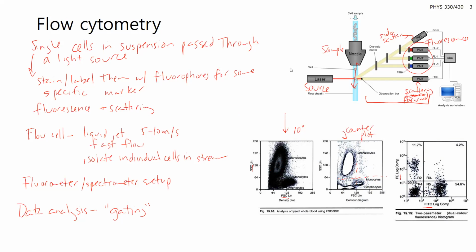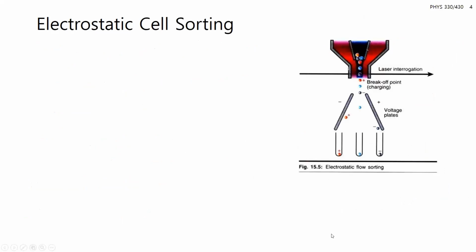Okay. So flow cytometry can also be used in combination with, okay, this is just getting data out about counting the cells. But if you want to use those cells after they've been identified to be within an individual population, you can then hook this up with a cell sorter.